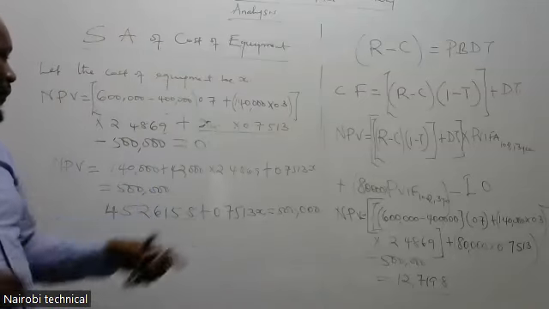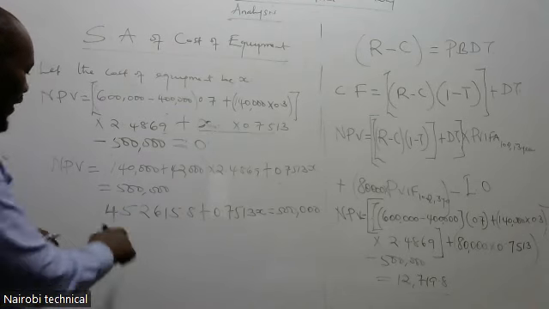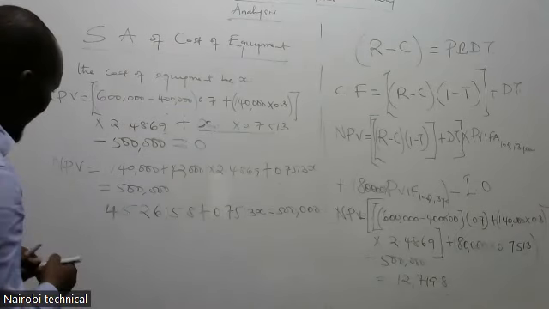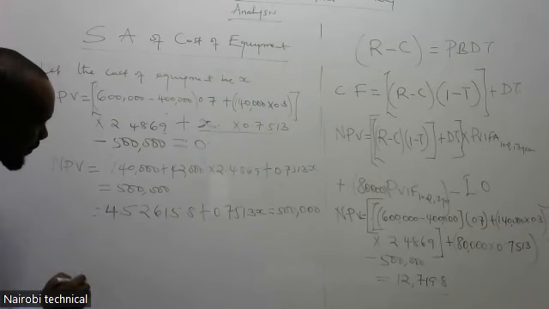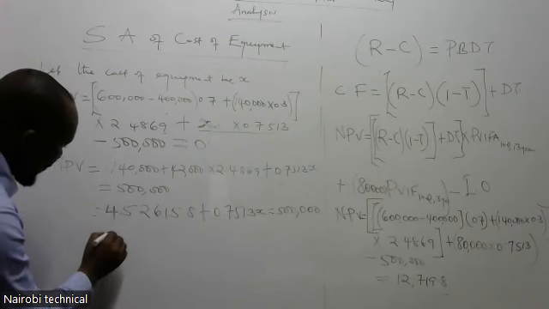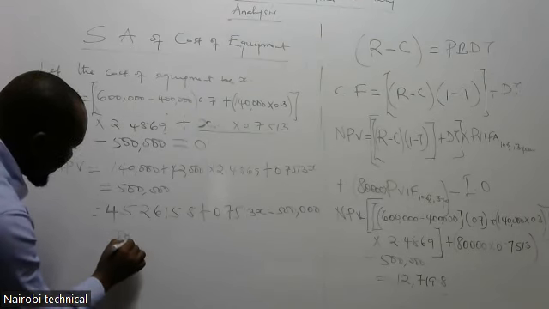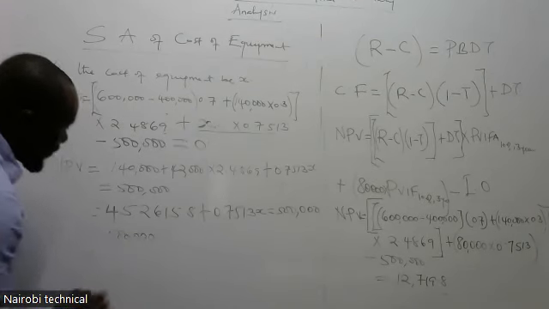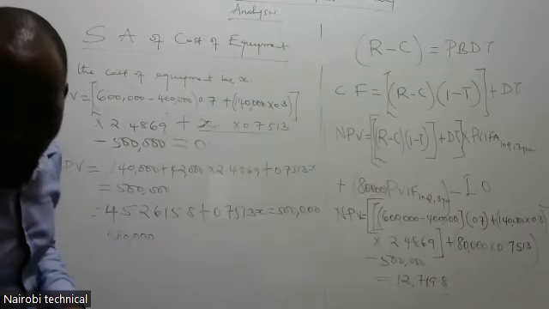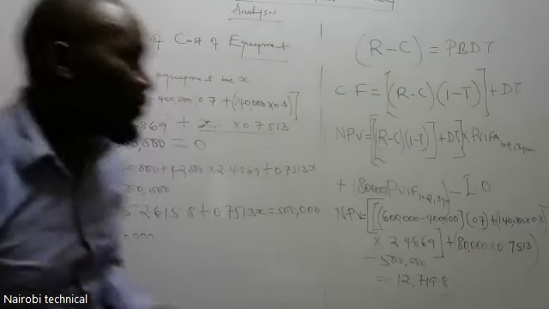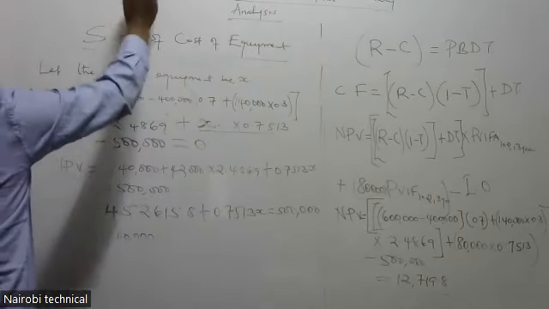So this means that we can easily take this one to the other side here, so that we say that 500 minus, the pen is failing me, but I hope to get one so that we can finish.